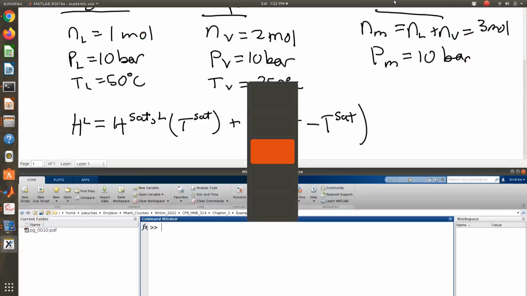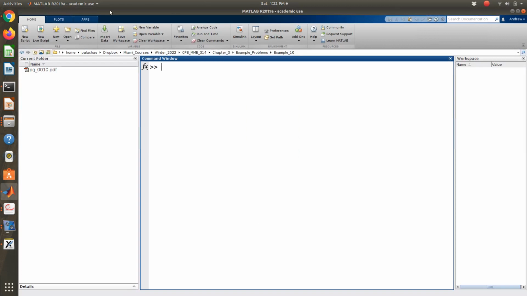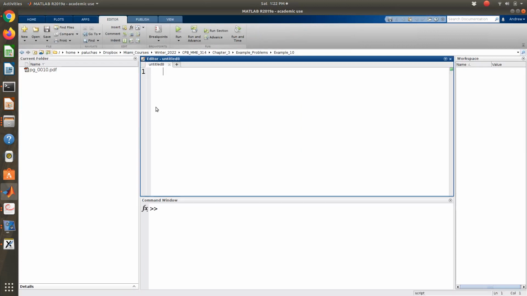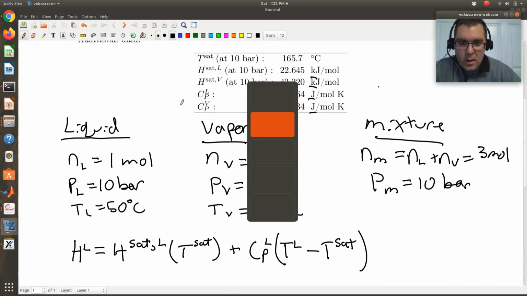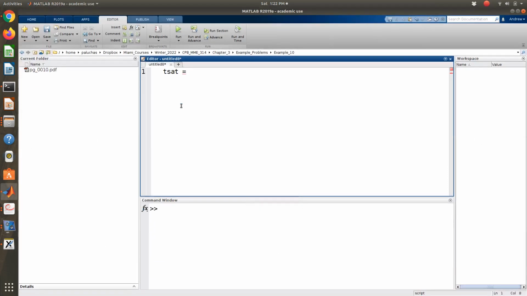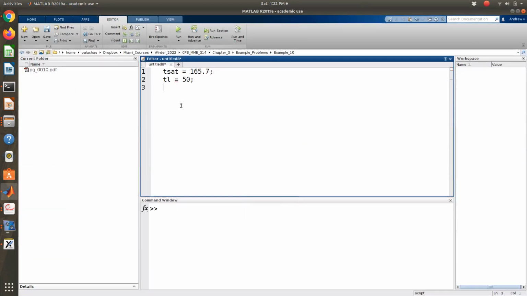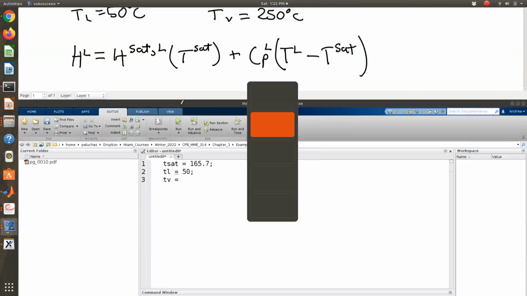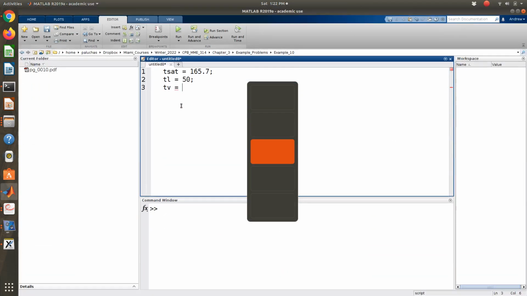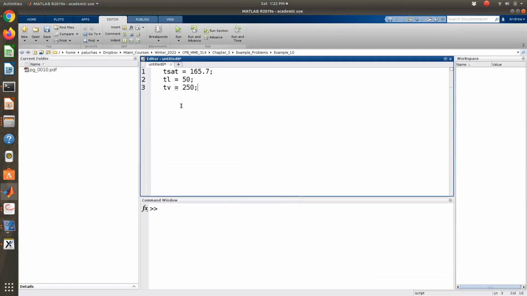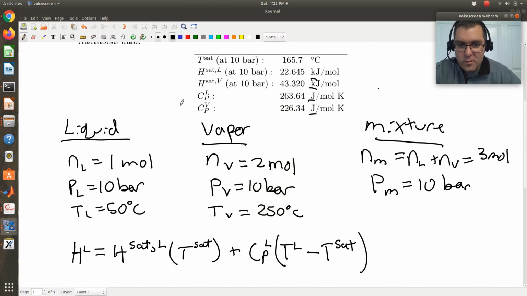So I'll create a new script, and I'm going to start with the Tsat, and I'm going to work in Celsius just because it doesn't matter, because I only have differences in temperature. Temperature of my liquid was 50 degrees C. Temperature of my vapor, 250 degrees C. So I have my temperatures.